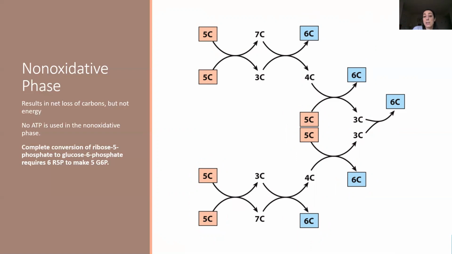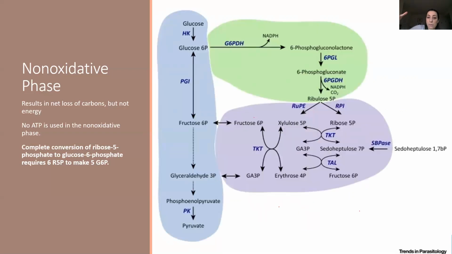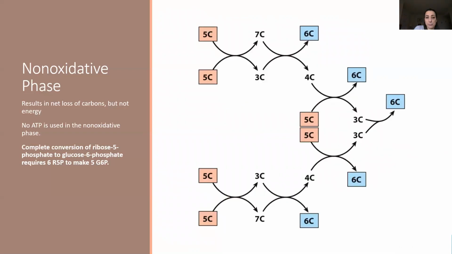Now, this results ultimately in rebuilding 6-carbon glucose 6-phosphate utilizing part of gluconeogenesis. Remember, we're actually feeding these molecules back into gluconeogenesis or glycolysis. So the only parts of this that are unique to the pentose 5-phosphate are those transaldolases and transketolases that are rearranging molecules.